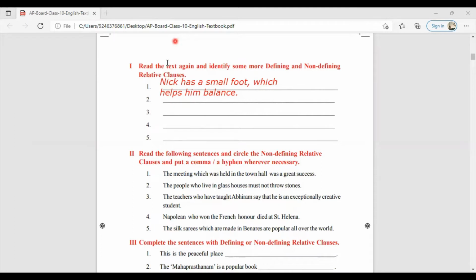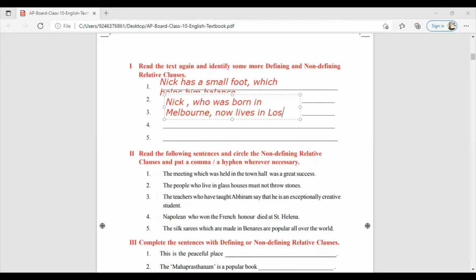The second sentence which I am giving you is: Nick, comma, who was born in Melbourne, Australia, comma, now lives in Los Angeles.